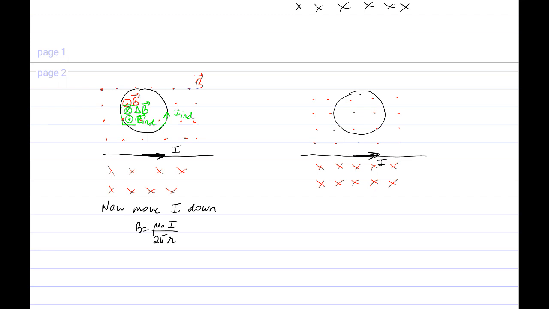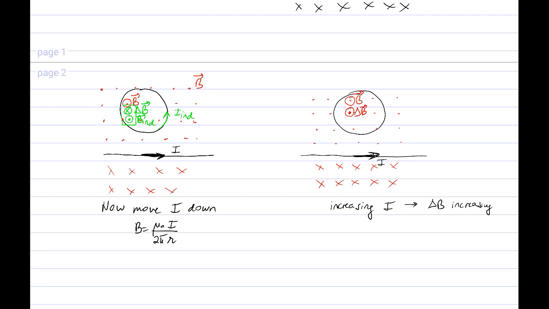Let's say that we are increasing the current through the wire. So we're not moving it, but we're increasing the current. That means that the change in B is also increasing. So while originally the magnetic field inside the loop was coming out of the page and the magnetic field increased, then the change in the magnetic field is also going in the direction that the original magnetic field was going in.